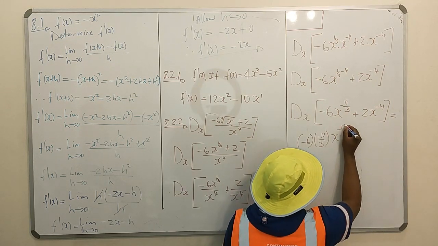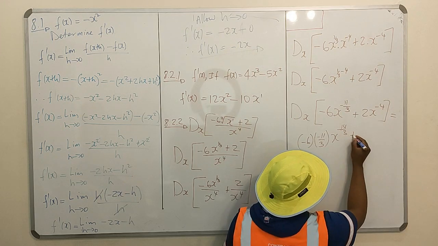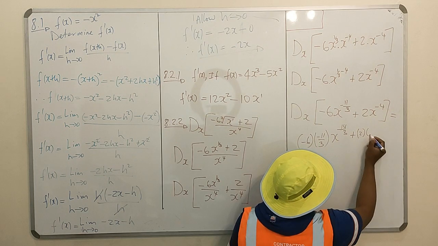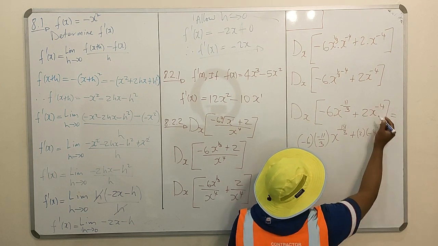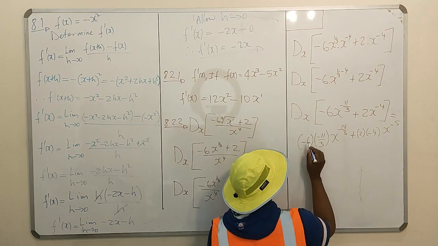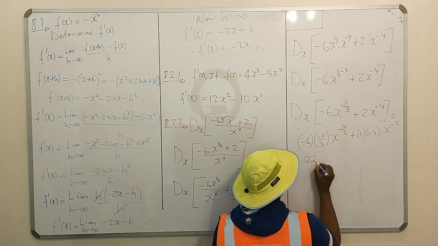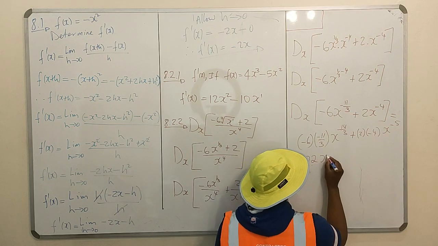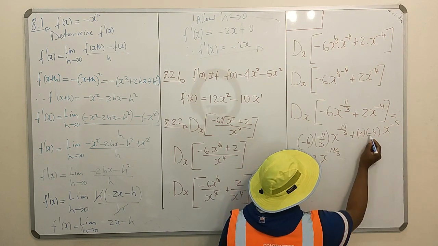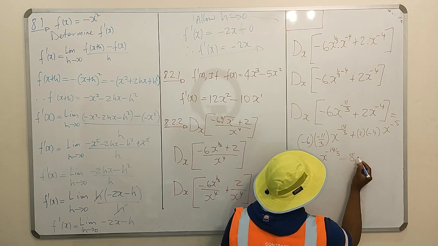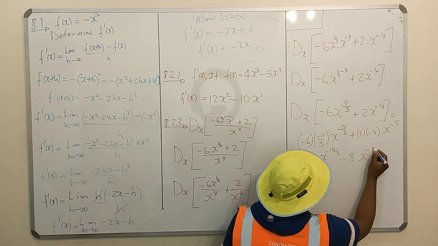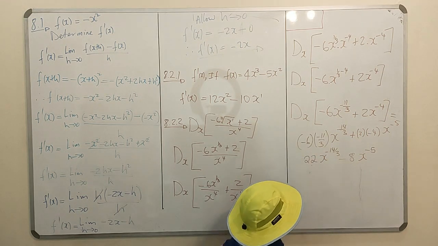So we have minus 14 over 3, plus negative 4 times 2, so we have 2 times negative 4. Then you subtract 1 there, so x raised negative 5, right? So this times this looks like 22, x raised negative 14 over 3, minus this and this is minus 8, x to the minus 5, right?